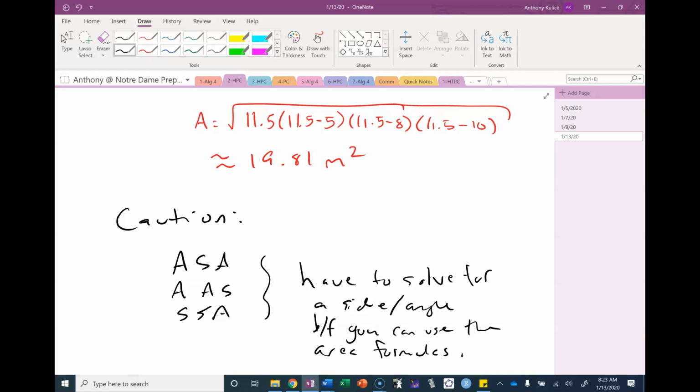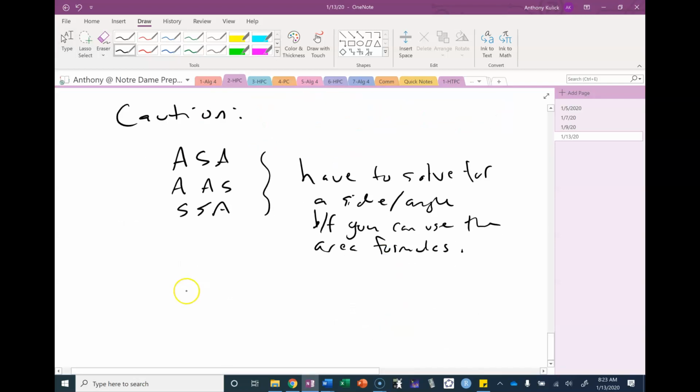But that's it for chapter 7. So your last part of the homework is going to be 23 through 30. With this kind of wrapping up the chapter, we need to schedule a test date for this chapter.